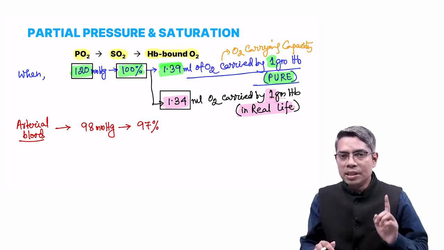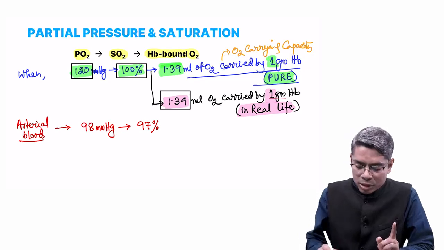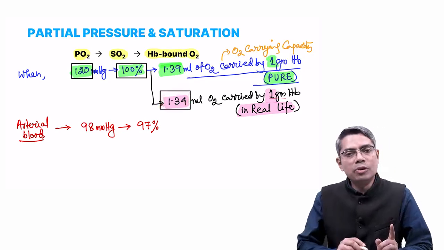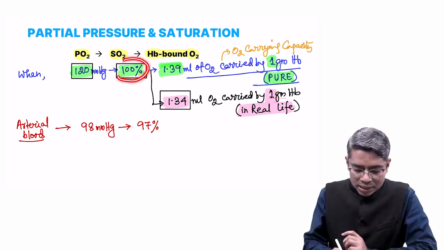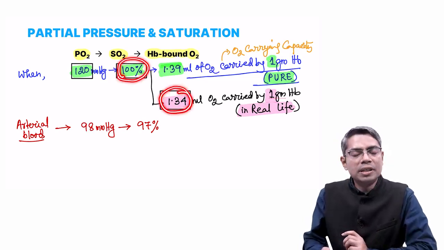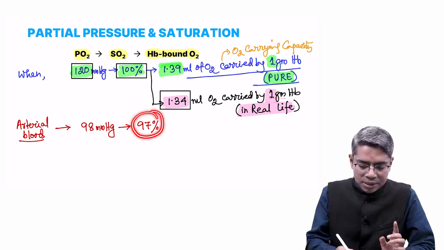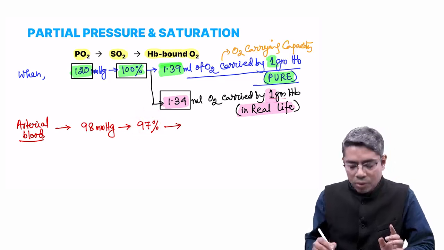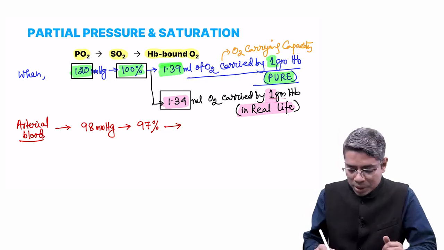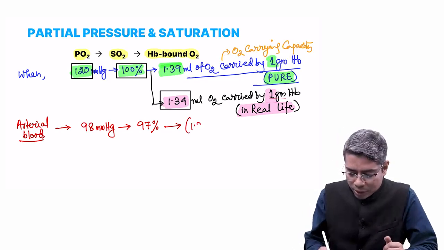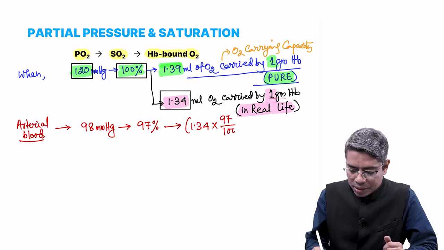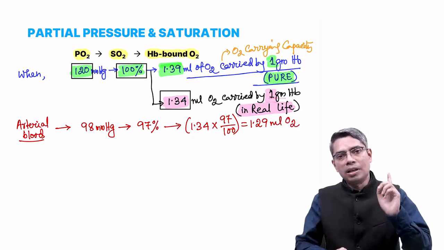Now, if the hemoglobin is 97% saturated, how much oxygen will be carried by this hemoglobin? When it is 100% saturated, the amount of oxygen carried by it is 1.34 ml. But when it is 97% saturated, how much will be the oxygen carried by 1 gram of hemoglobin? So, how to calculate that? 1.34 ml if it is 100% saturated. If the saturation is 97%, then how much? It will be 1.29 ml of oxygen carried by 1 gram of hemoglobin.